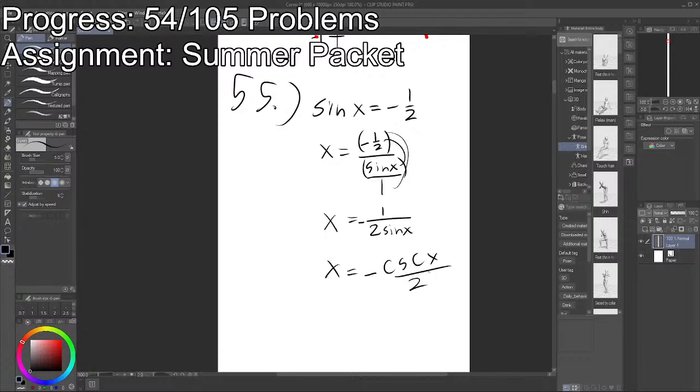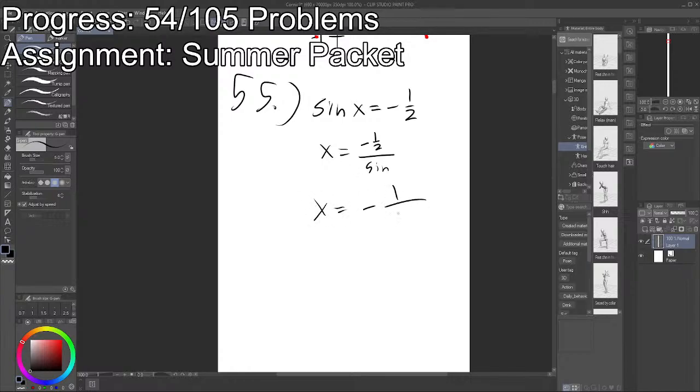Wait a minute. Why did I carry the x over? No, okay, that's all wrong. Man. Alright, never mind. I can still rewrite this too. And there's nothing you can do with this. Sick.